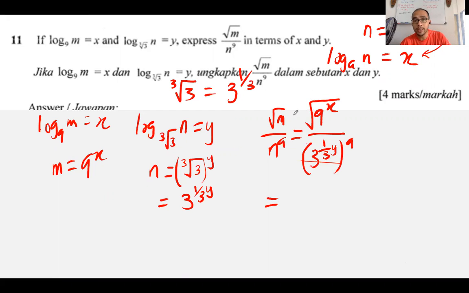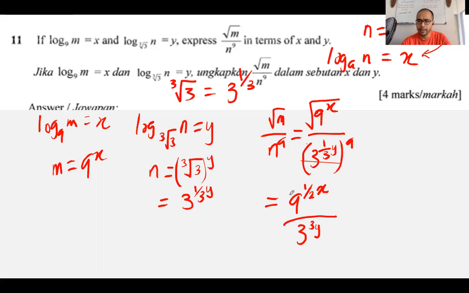Now since there is a root over here, I can do 9 to the power of half x. Correct. Over, ini kalau saya darab, saya akan dapat 3 to the power of 3y.